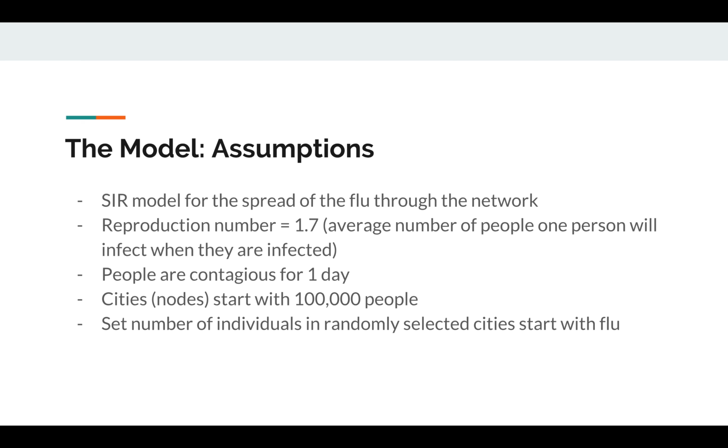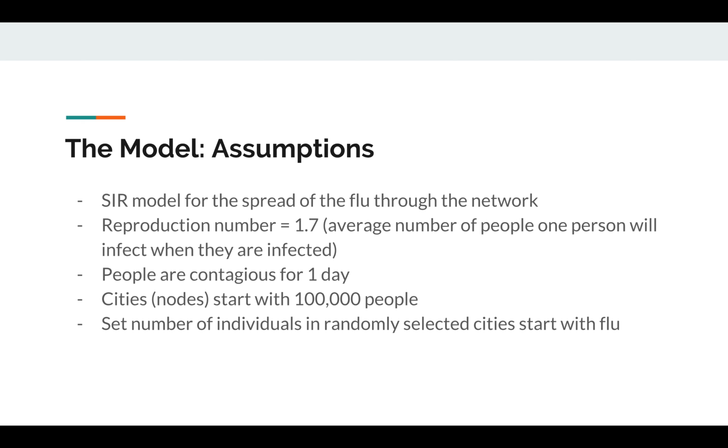And we assume that once you start exhibiting symptoms, your probability of infecting more people goes down drastically because you're most likely interacting with fewer people and staying inside and mostly just caring for yourself because you have the flu. So this was a simplifying assumption we made that actually makes sense in real life.